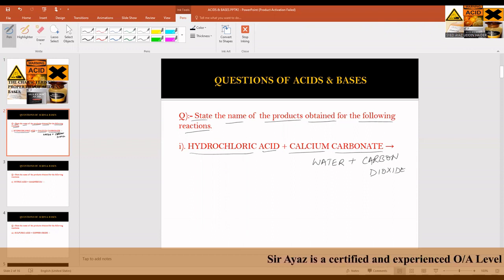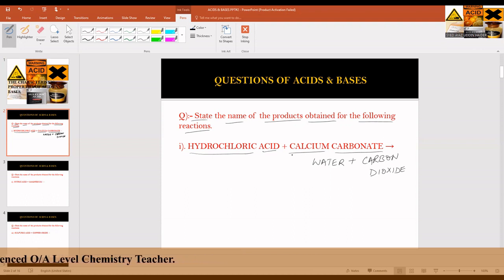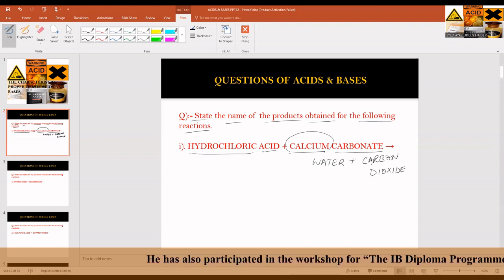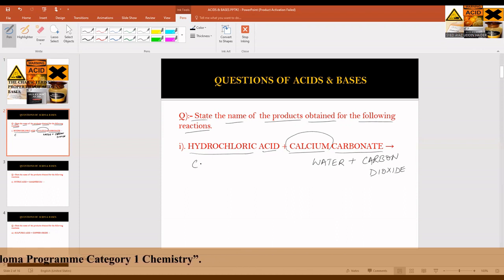What about the salt produced here? You see the metal is calcium here, and whenever the acid is hydrochloric acid, the salt will be chloride. So you will write calcium chloride.